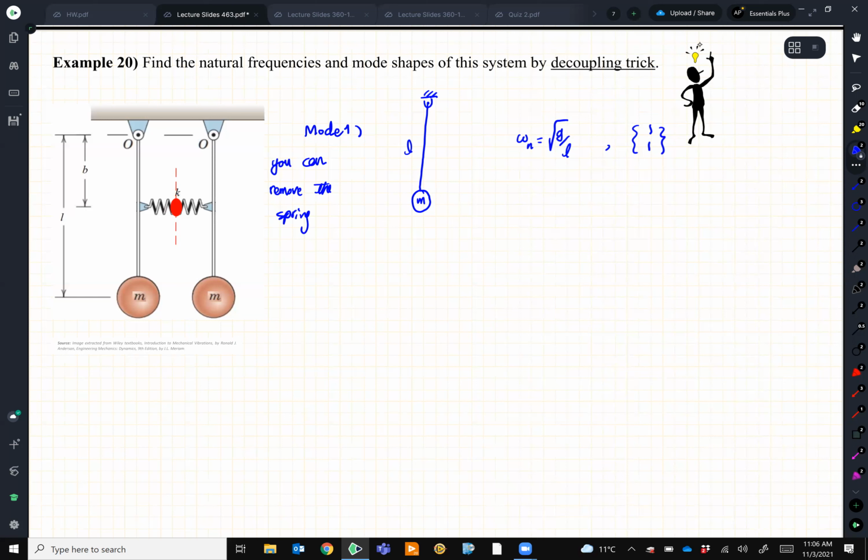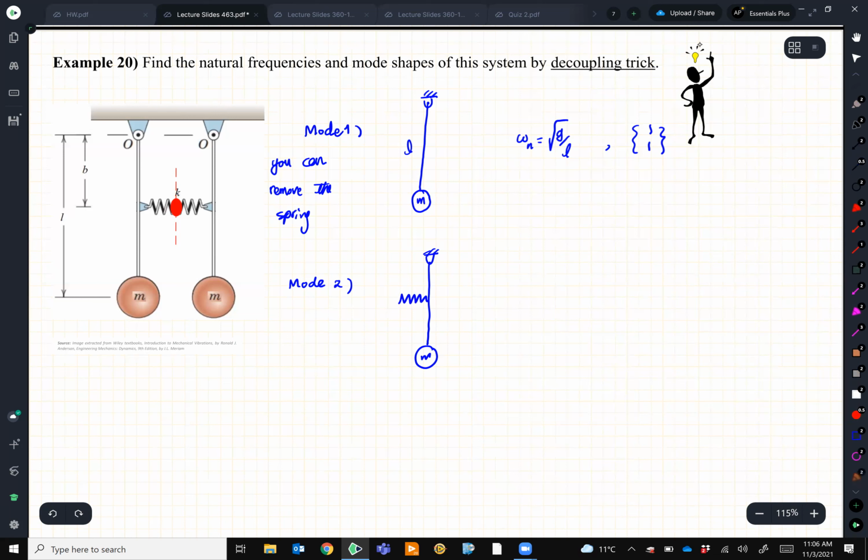So let's look at mode 2. Mode 2, as I said, they are swinging left and right in opposite directions. So I can convert this system to a pendulum of mass m and a spring which I cut in half, and I fix this point to the wall.